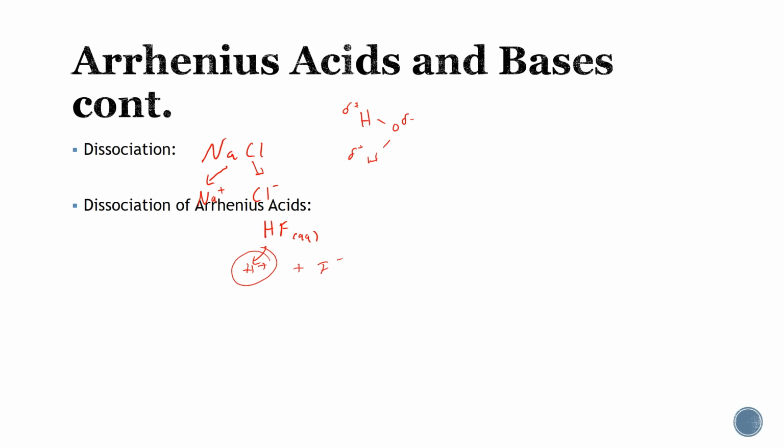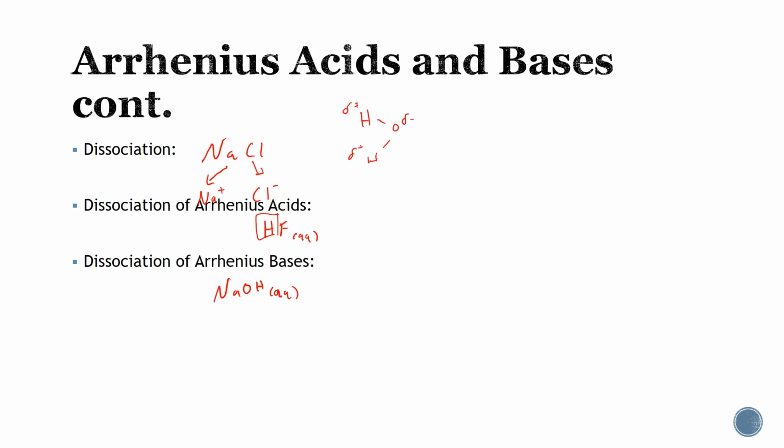So it's the formation of that hydrogen ion that's able to be donated to something else eventually that makes the Arrhenius acid an acid. Arrhenius acids form because we have the presence of that hydrogen cation that is able to be dissociated when put into water. The dissociation of an Arrhenius base, on the other hand, is when we separate out a hydroxide ion. Let's say I have sodium hydroxide, also soluble in water.